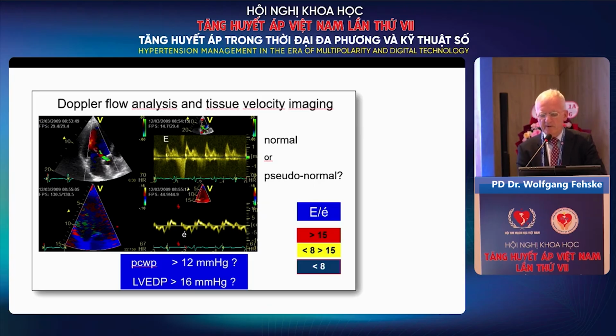If you have between 8 and 15, E over E prime, it can be judged with some more parameters, and if it is more than 15, it should be elevated mean pressure in the left ventricle. We thought at that time that it could be possible to differentiate PCWP, or left ventricular end diastolic pressure, with these two different measurements, and this was repeated by many other authors afterwards.